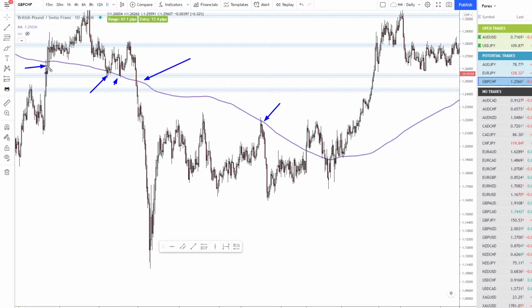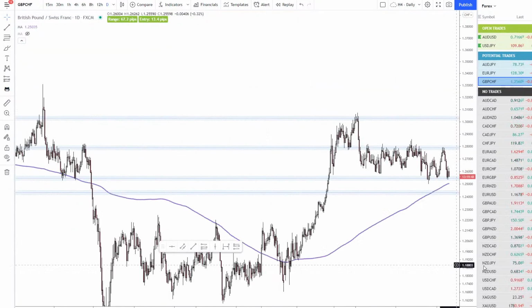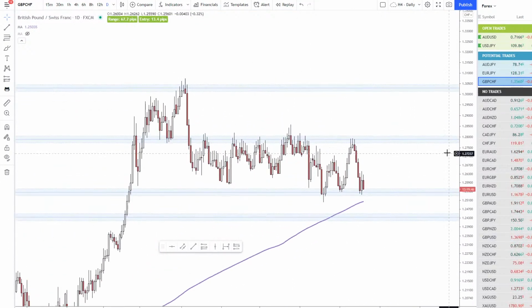Obviously, there are going to be times like any area of support resistance where it smashes straight through it, but a lot of times it will respect it and treat it as support or resistance. So here we have a combination of a horizontal support area and that 200 moving average, and that makes this area quite tough to break on GBPCHF.